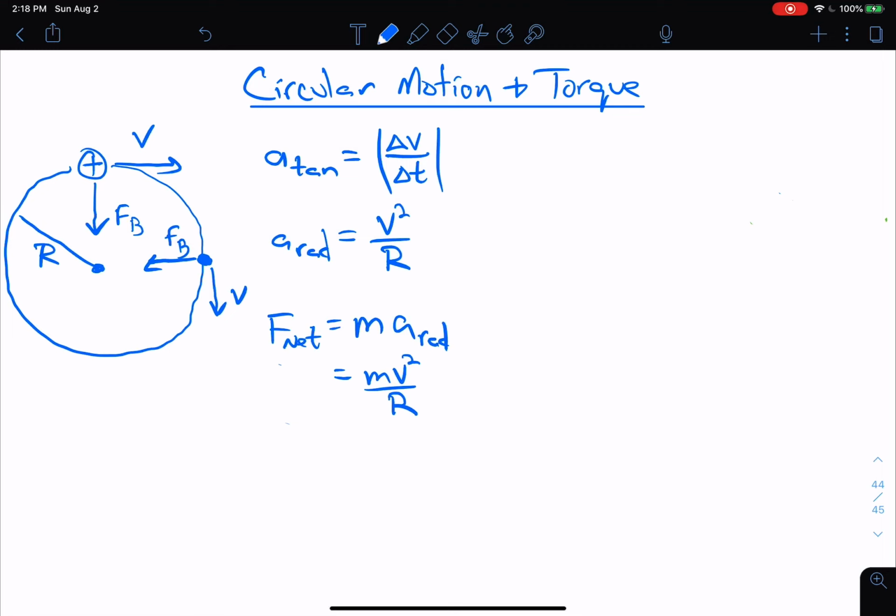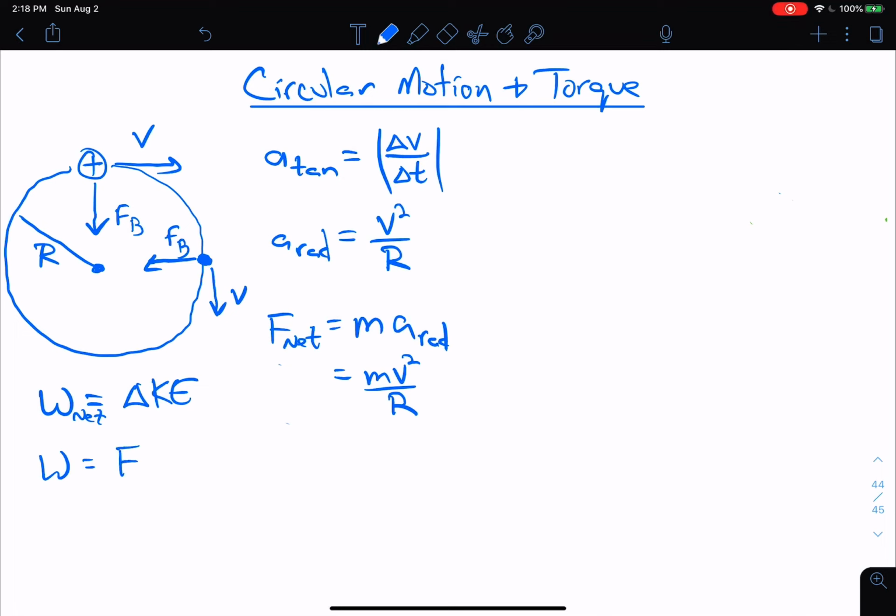The other thing that I want to mention here that applies is work. And remember that work is the amount of energy transferred or transformed by a force. And we can talk about the net work. That's just the change in kinetic energy. We could also talk about the work done by an individual force.